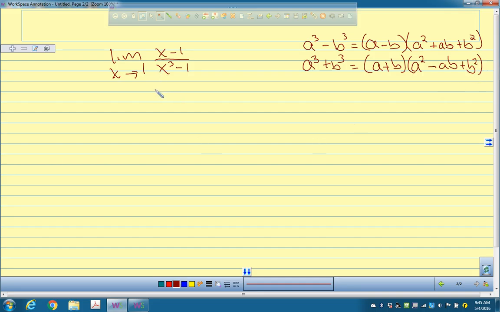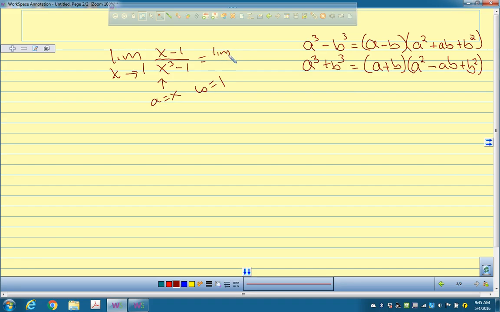So in this case, a equals x, and b is equal to 1. So this is a form in which you have a cubed, because what's 1 cubed? 1. So this bottom, you just have to kind of know how to factor the bottom.